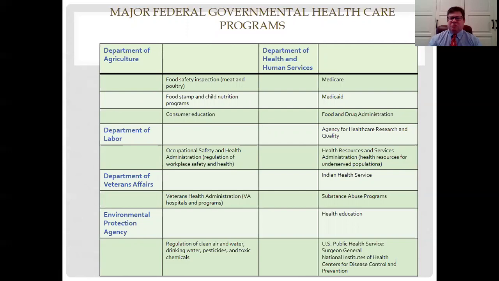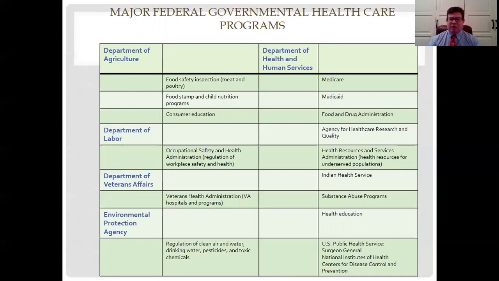The overwhelming amount of money that's spent in the United States on healthcare programs goes through the Department of Health and Human Services. And the two biggest programs that they enforce are Medicare, which is our program for older Americans, and Medicaid, which is our program for poorer Americans. They are huge programs, which we'll discuss at another time. HHS also has the Food and Drug Administration, various other things.